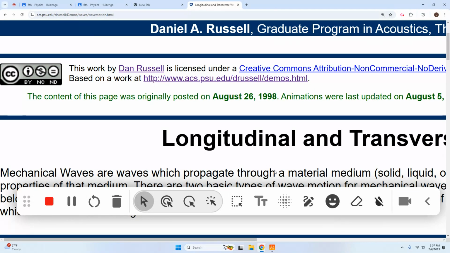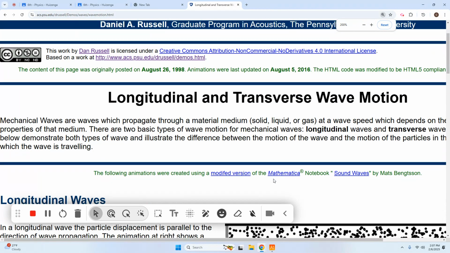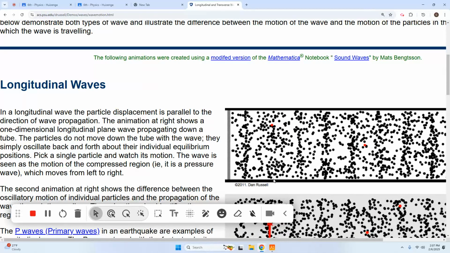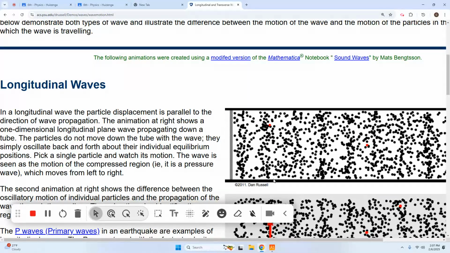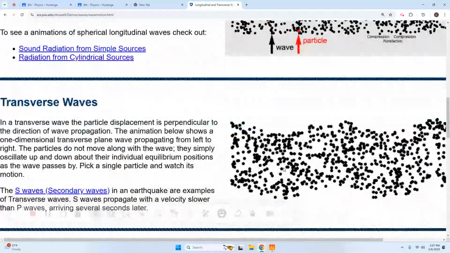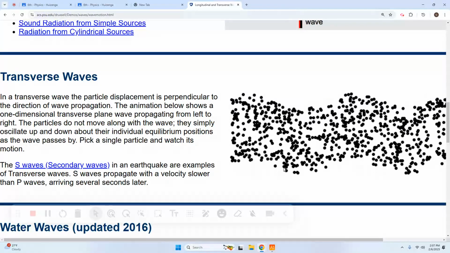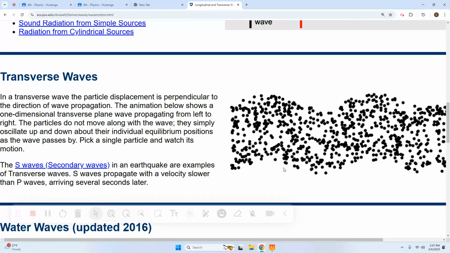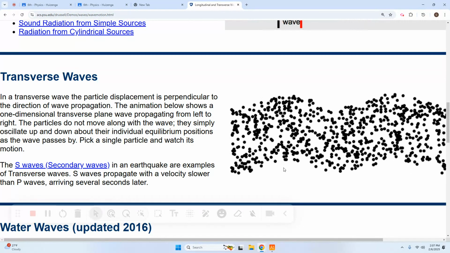And so, let's see. Okay, so this is technically what's called a longitudinal wave. The particles move in a parallel fashion to the way the wave is moving, so that's longitudinal. Here's a transverse wave. And so transverse waves, the particles move up and down as the wave moves left to right. I could demonstrate that up here. Here's transverse.